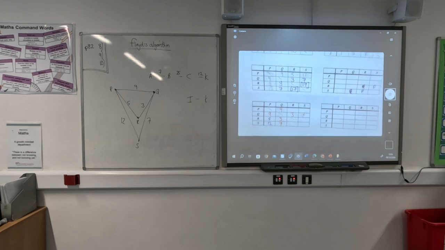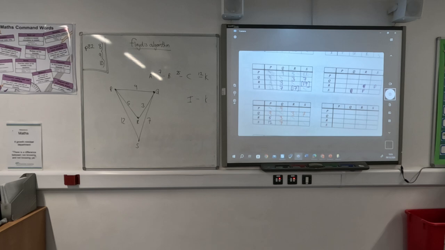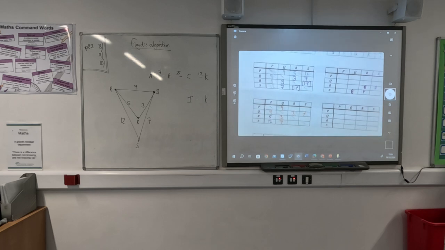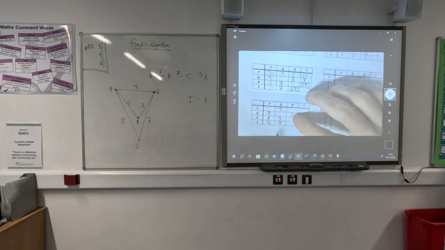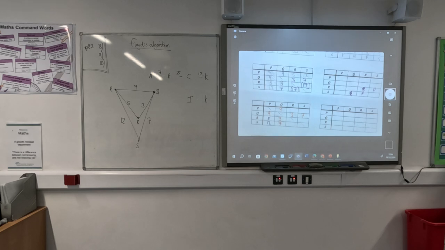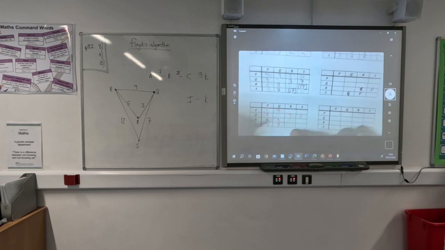3 and 7 is better than 17. Oh, hang on. 3 and 7. It's not 3 and 7, is it? Oh, yes, it is. Yes, you're right, sorry, that is better, isn't it? So that's now 10.